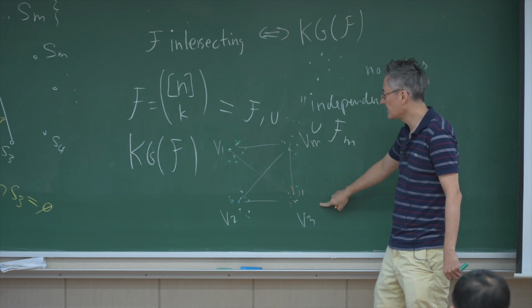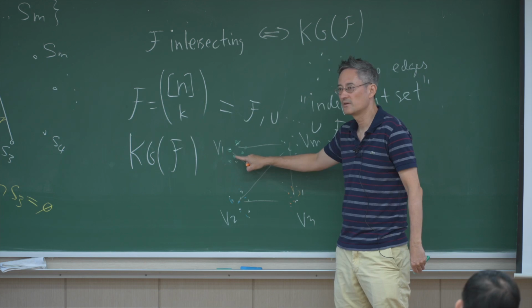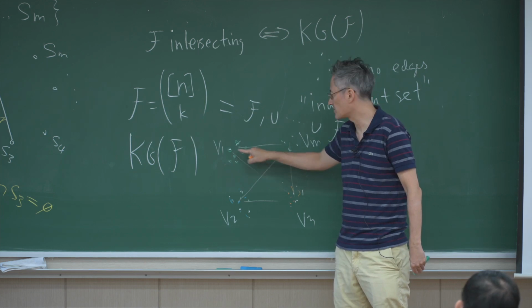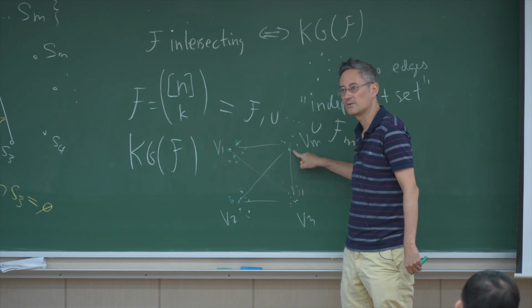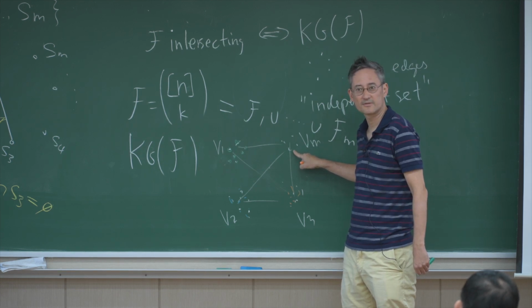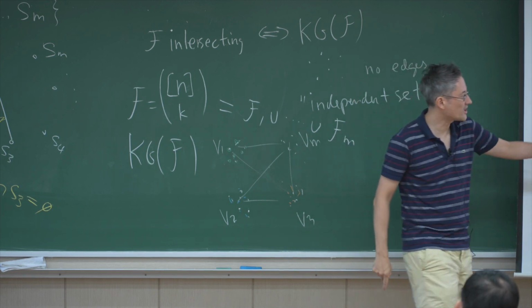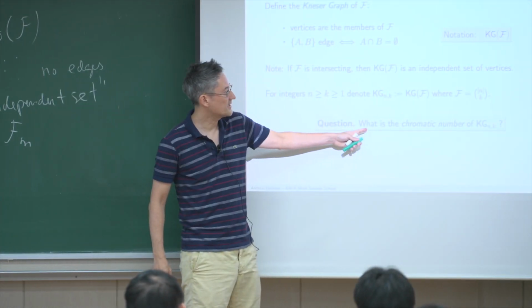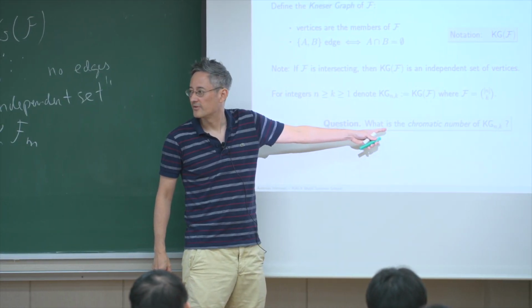That's equivalent to saying, find the smallest number of colors so that you can color the vertices so that no edge has the same color at both ends. And that is precisely what we call the chromatic number of the graph. So Kneser's conjecture is simply asking, what is the chromatic number of that graph?